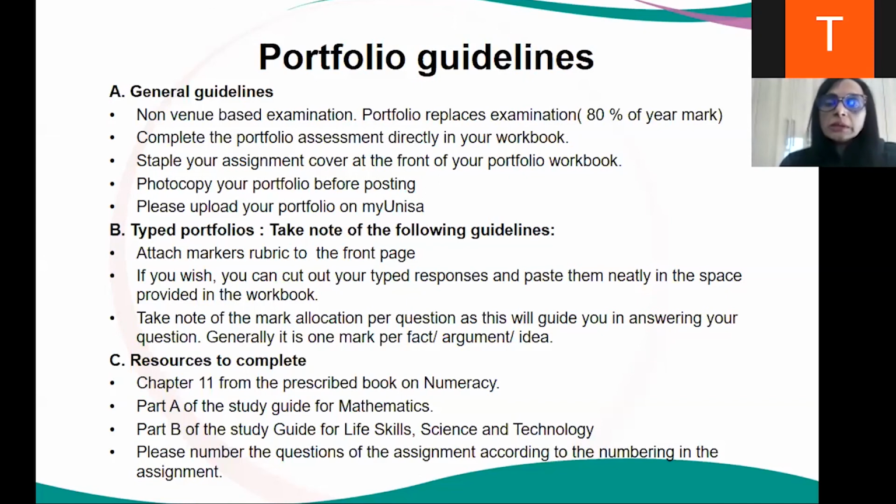include your student number and the correct module code and module name. We had problems last year where students write the incorrect module code. Instead of PRGRT03, they would put PRGRT02, and in that case, after they load that assignment or portfolio, the marker rejects it because the marker thinks it's a wrong portfolio.